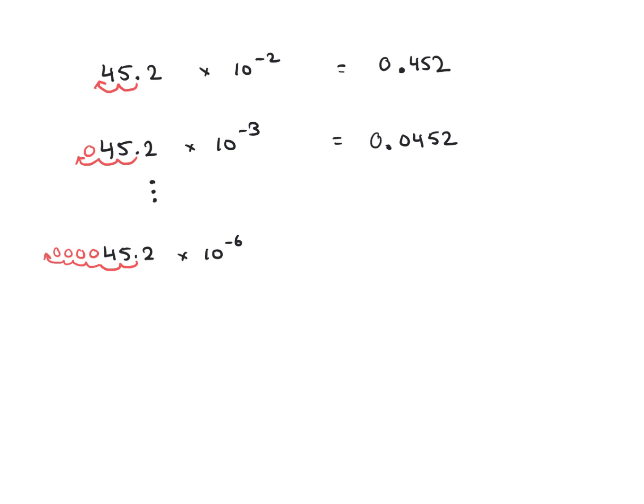That gets it 6 spots over. So the answer will be 0.000452. And if that's not nice to read, we put a 0 in front of there. Okay, so that is multiplying by a negative integer power of 10.